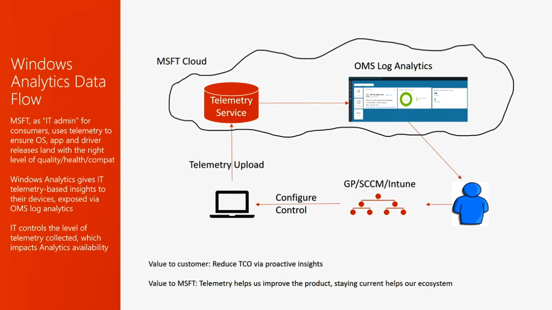It can get as simple as that. And the Config Manager team has written a connector that can help pull this data from OMS into Config Manager, and then from there you basically start your task sequence. And that's an area we will continue to invest in as we evolve.